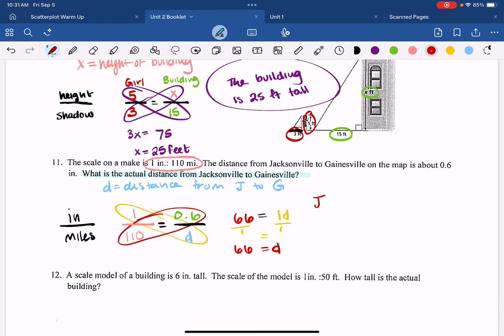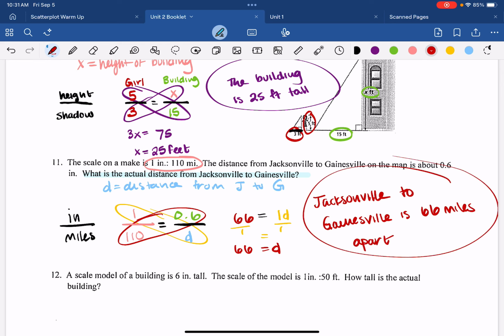We would say Jacksonville to Gainesville is 66 miles apart. Okay? And there we have it.